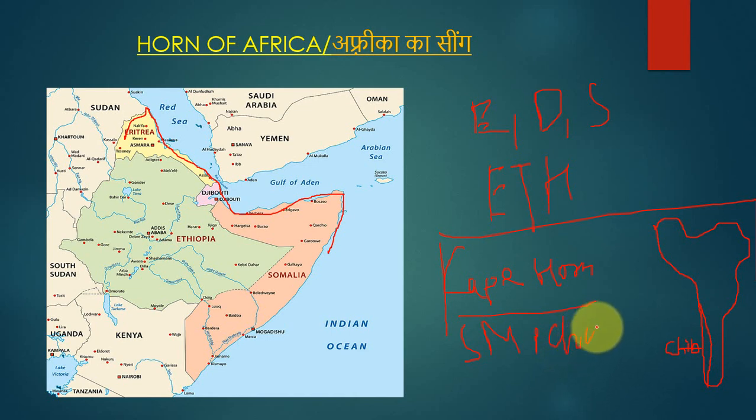This one is Latin America, or you can say South America. We can say the Cape Horn is found in the southernmost point of Chile. In Chile, this is called Tierra del Fuego.